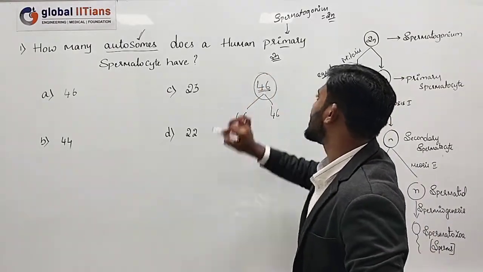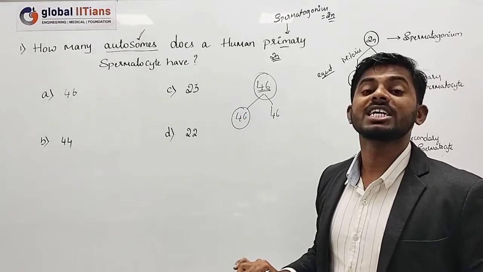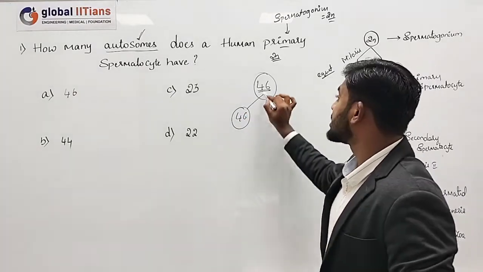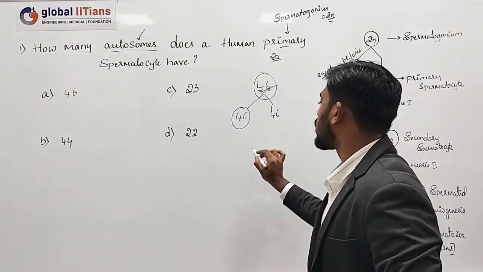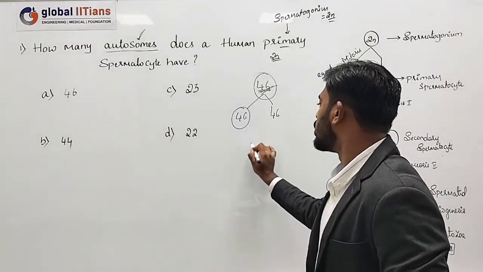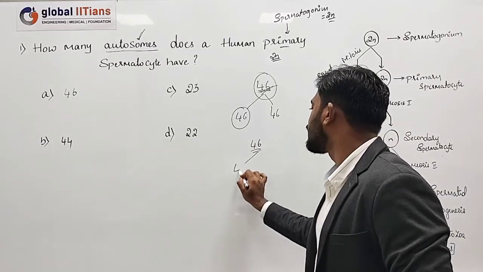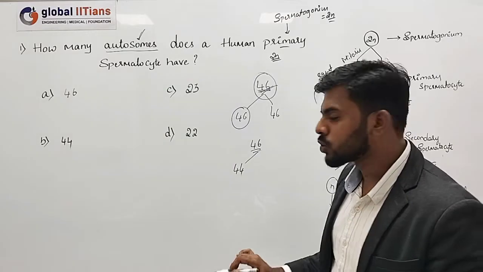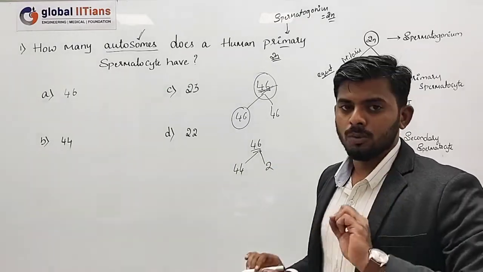So let this be our spermatogonium and this will be our primary spermatocyte. Now what do they ask? Autosomes. Listen, in the human case, if we have 46 chromosomes, among these 46, 44 are autosomes, whereas two are the sex chromosomes.